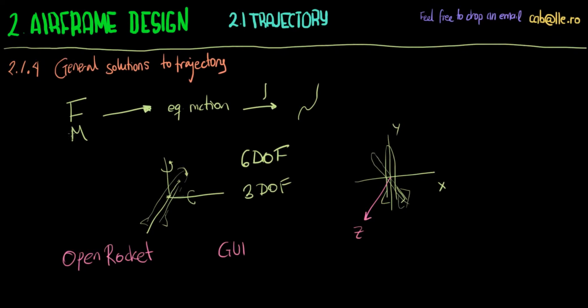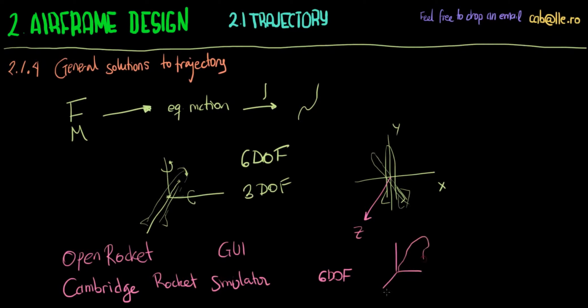So it's awesome. And if you want to go with something more advanced, there's an open source simulator, not so well known, which is the Cambridge Rocket Simulator or something. This is great. This is 6 degrees of freedom for sure, and you can actually plot the trajectory the rocket has. I've read that the calculations in OpenRocket are in 6 degrees of freedom, but I don't think you can actually plot that.